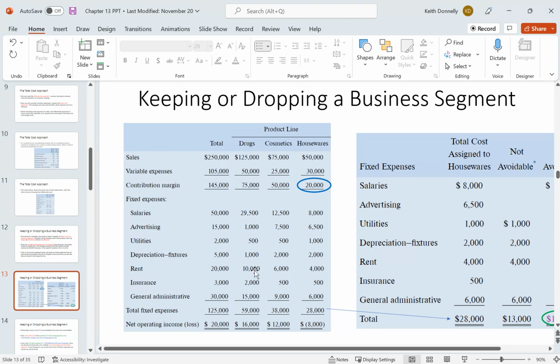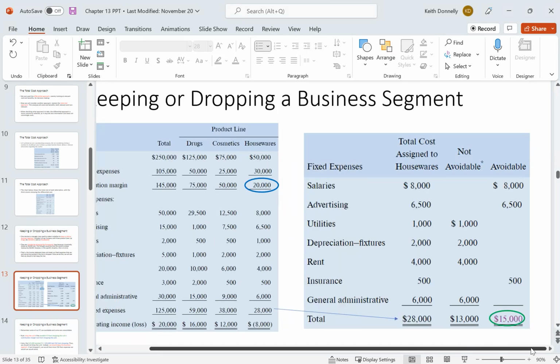Some of them we can avoid and some we can't. Why do we care? If we can't avoid the expense, it's something that's going to happen whether we keep or drop the line, so we have to think about that whenever we decide to keep or drop the line.